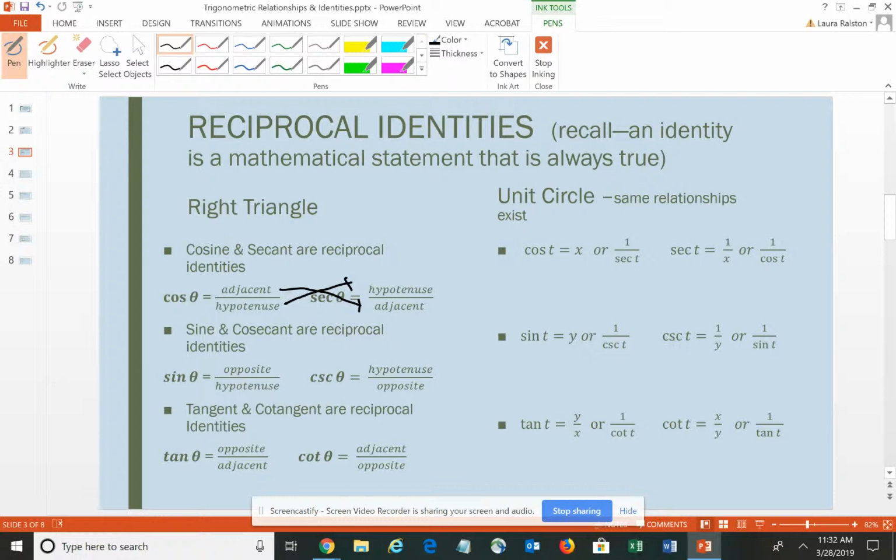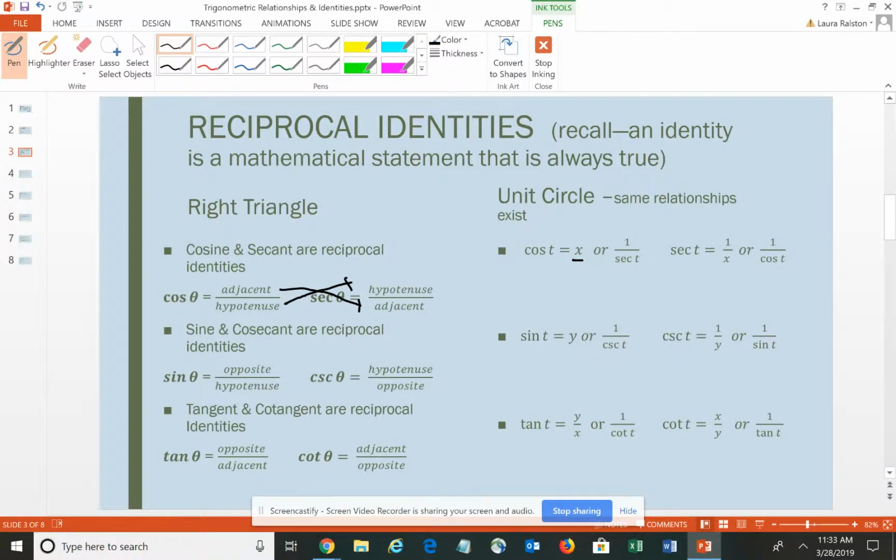Those same relationships exist in the unit circle, in that cosine represents the x coordinate of the ordered pair, and the secant is actually the reciprocal, which will be 1 over x. But instead of using x, we could also use the actual trigonometric relationship.